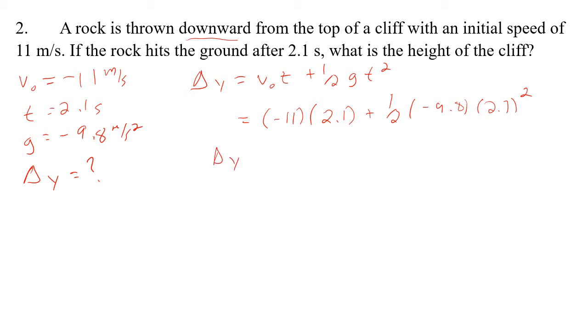And we get delta y equals negative 44.7 meters. And that's how far it fell. So it's asking for the height of the cliff, so technically you should write positive 44.7 meters, but I accept either of those two.